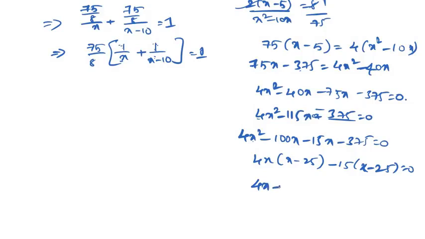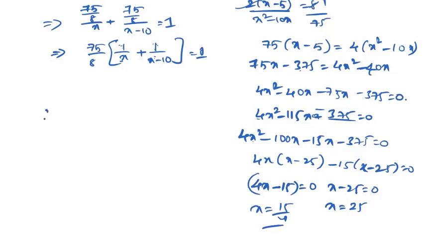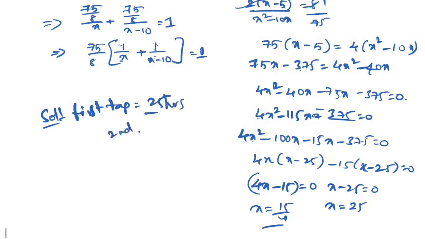So 4x minus 15 is equal to 0, and x minus 25 is equal to 0. So x is equal to 25 and x is equal to 15 by 4 here. So the first tap is filling in 25 hours, and the second tap is filling in 15 hours, because it is 10 hours less than the first one.